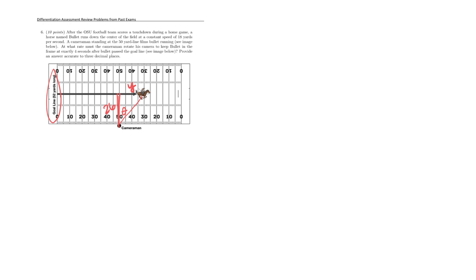Okay, so now I'm given that dy dt is equal to the change in Bullet's distance, which is 18 yards per second, and I'm asked to find d theta dt. So what I need to start with is a relationship between y and theta.